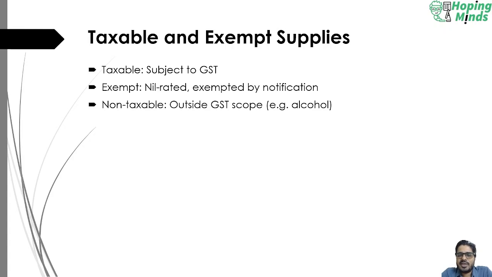So, for example, fresh fruits is an exempt supply, whereas books is a nil rated supply. Alcohol or petroleum is a non-taxable, that is, which is not within the ambit of GST, and trading of furniture constitutes a taxable supply.